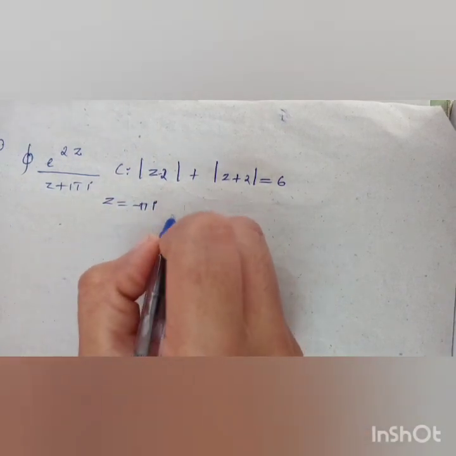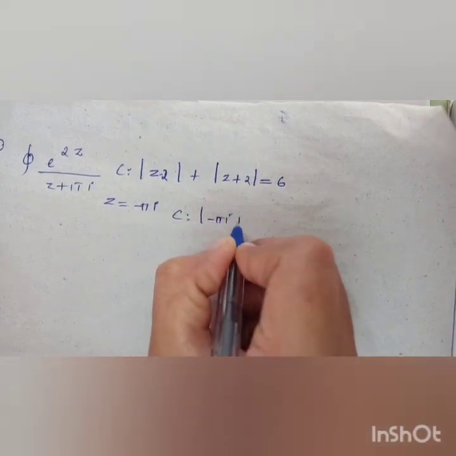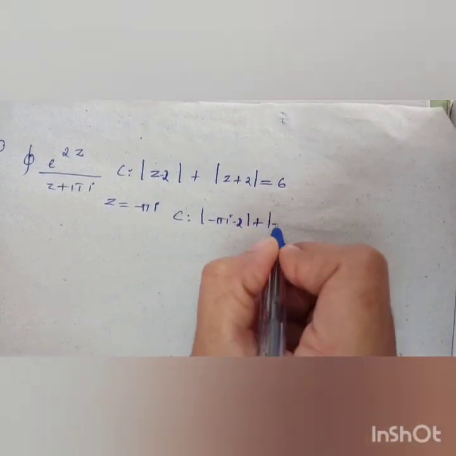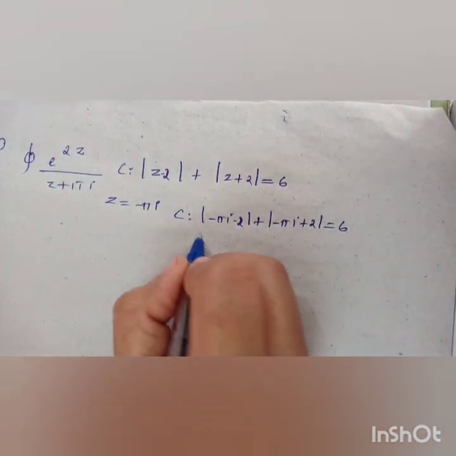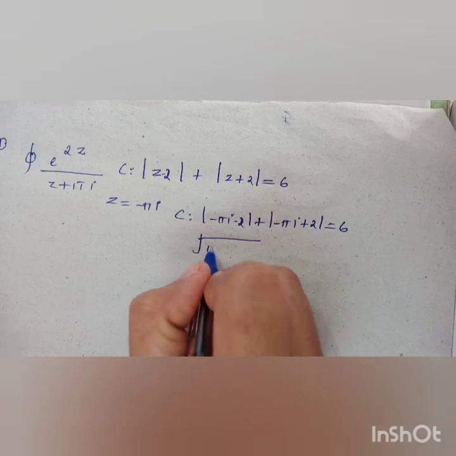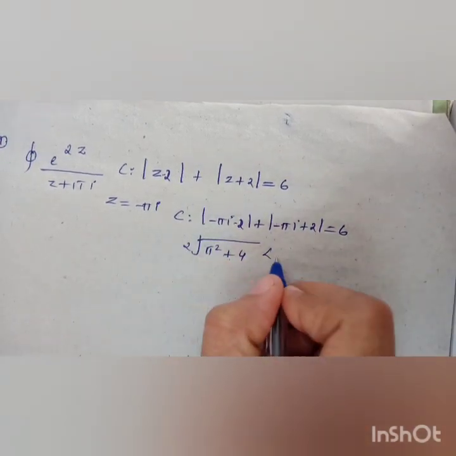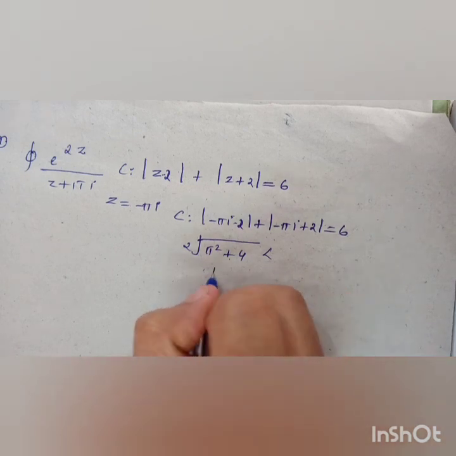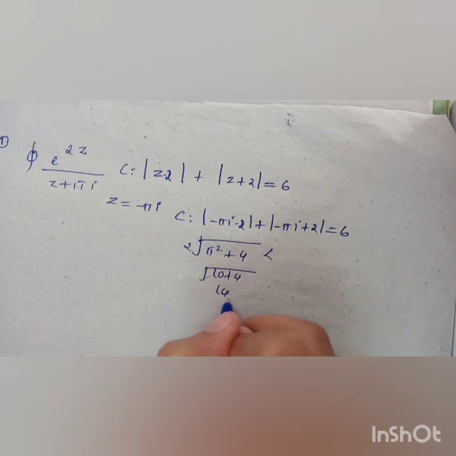If you put the value of minus pi i, that is |minus pi i minus 2| plus |minus pi i plus 2|, is equal to 2 into under root pi square plus 4, where pi square is 10, plus 4, that is 14, so 2 into root 14.